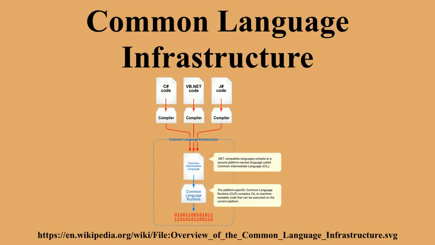Overview. Among other things, the CLI specification describes the following four aspects: The Common Type System, a set of data types and operations that are shared by all CTS-compliant programming languages. The metadata.